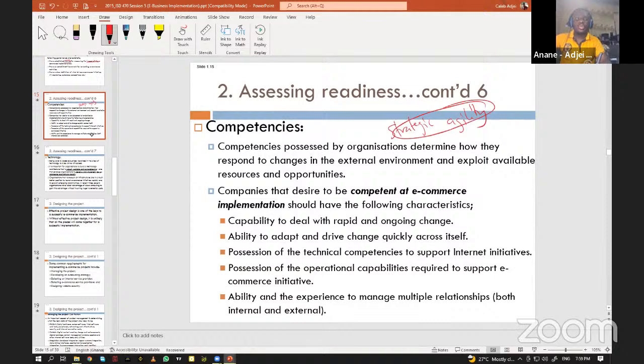In our unit 1, we spoke about strategic agility, and we were saying that every organization's strategy must be very agile and flexible, such that whenever the environment changes, they should be able to change to suit whatever the environment demands from the organization. Because of that, an organization must be able to respond to the changes in the external environment and exploit available resources and opportunities.